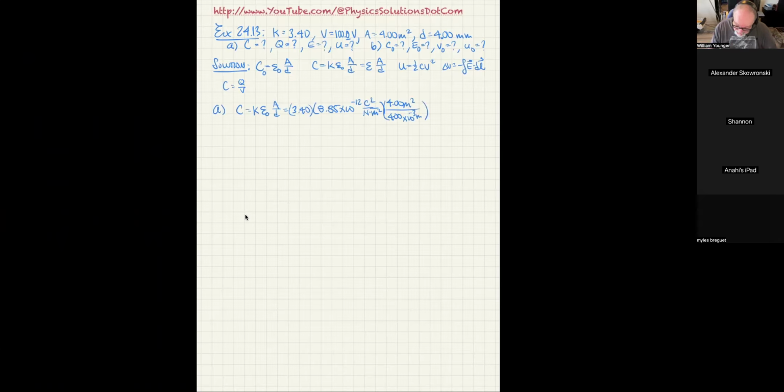So notice I've got everything in the SI base units, which is absolutely necessary. And of course, by using the base units, the answer comes out in the base unit, which would be farads, which is coulombs per volt. So I'm going to take 3.4 multiplied by 8.85 times 10 to the negative 12th times 4 square meters, and then divide that by 4 times 10 to the negative 3, and that's going to give me 3.009 times 10 to the negative eighth.